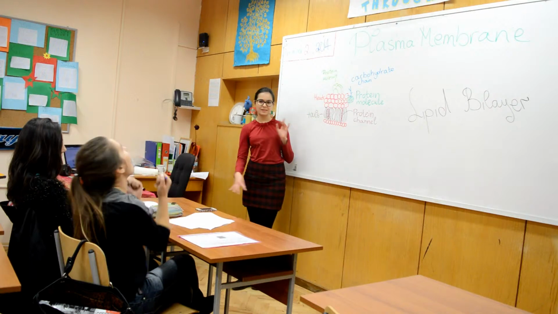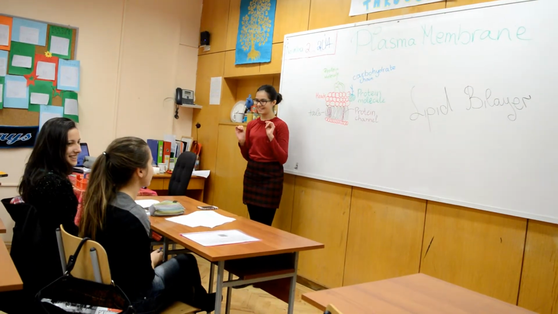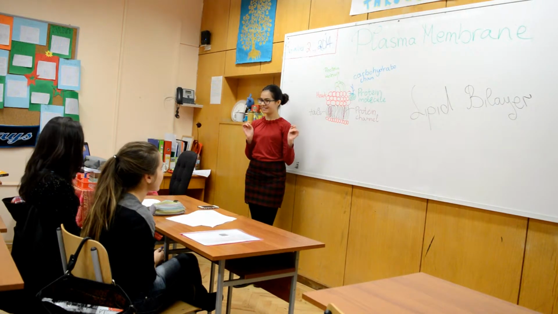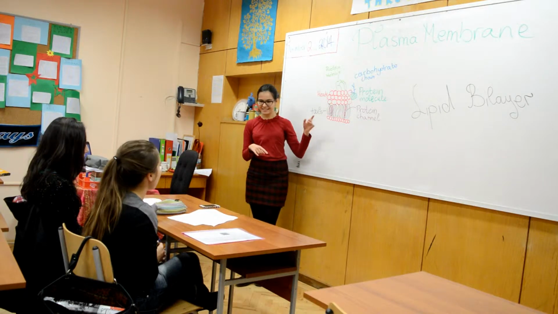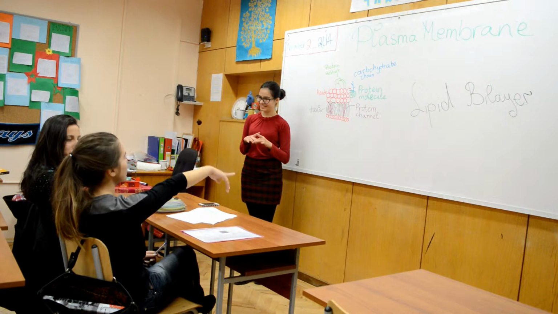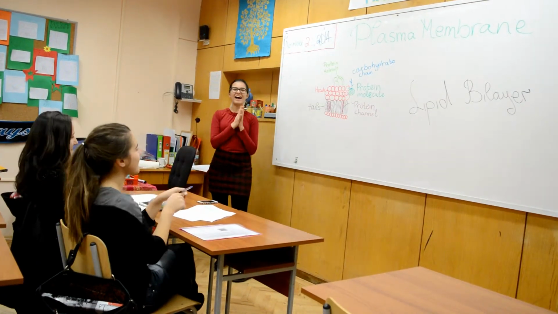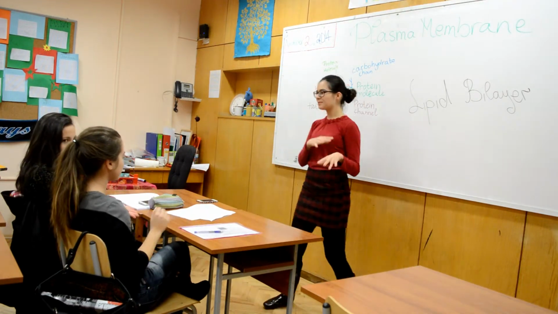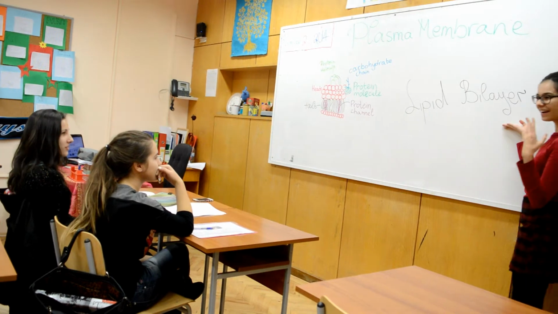Yes, correct, but wait, what about the big molecules? Well, they won't be able to pass it. No, yes, they will be able, but because of the protein channels. Yes, correct.